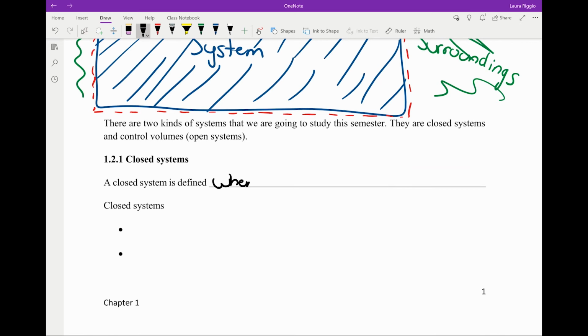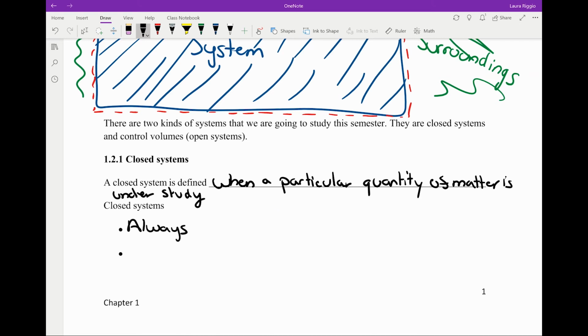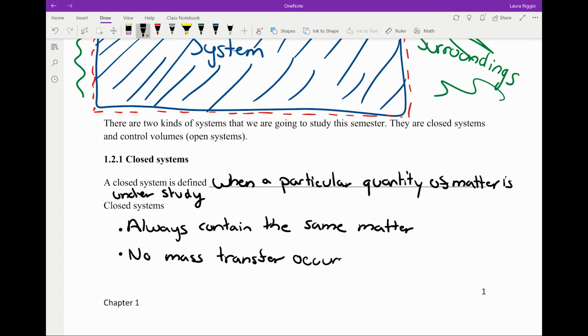So closed systems are defined as when a particular quantity of matter is under study, and for closed systems they always contain the same matter, so the matter inside the system is not changing, and there's no mass transfer that occurs across the boundary.